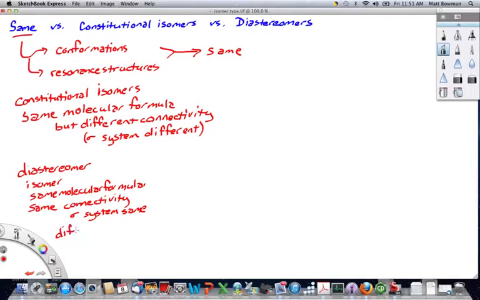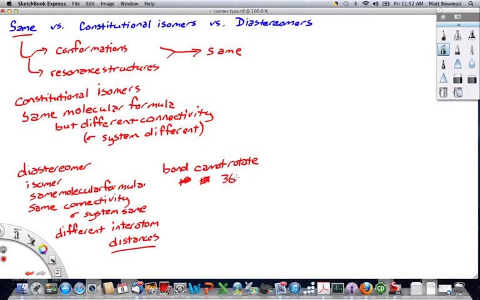But what makes diastereomers different is they have different inter-atom distances. For the diastereomers we'll have for exam 1, these usually have a bond that cannot rotate a full 360 degrees.